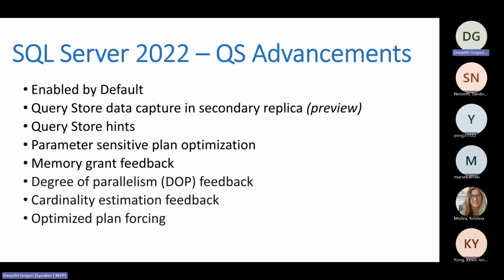So there were many companies who actually requested this. In SQL Server 2022, once you enable the query store on the primary read-write replica, there are certain configuration options where you execute on the primary read-write replica, where you tell the query store to also enable the query store on the read-only replicas as well.